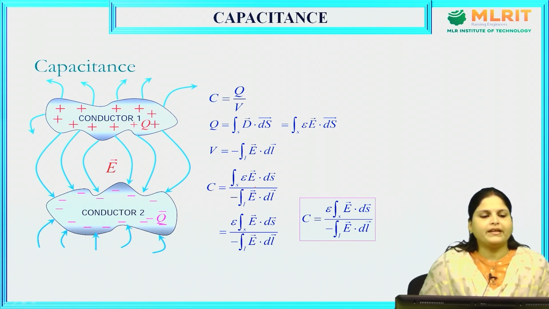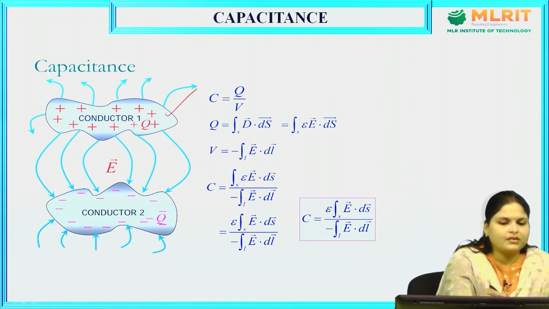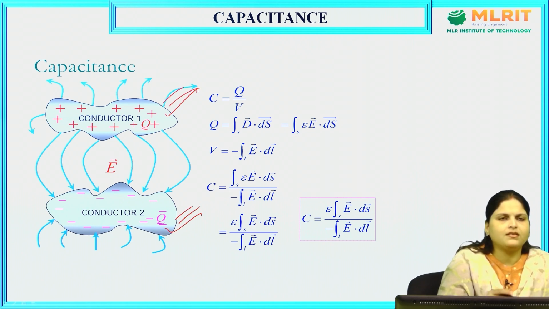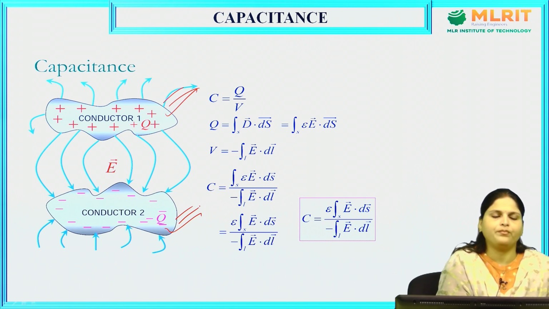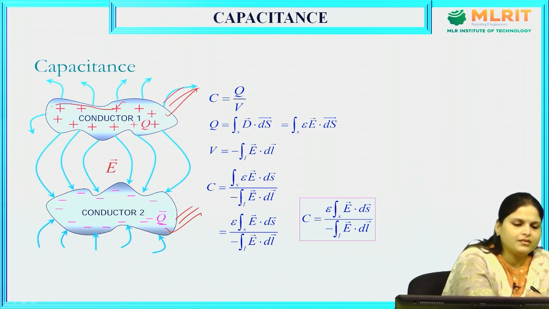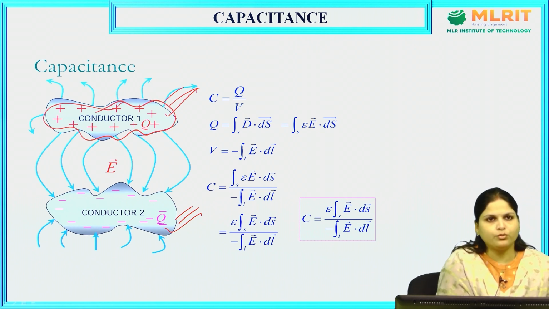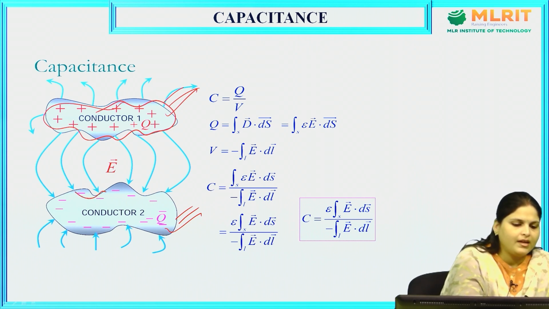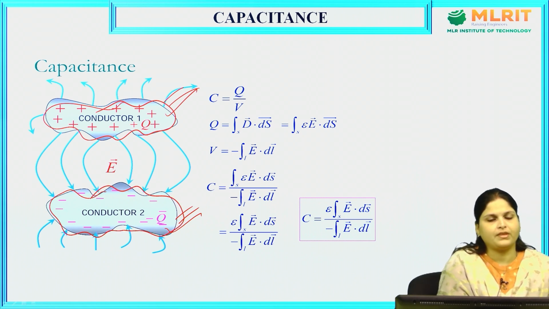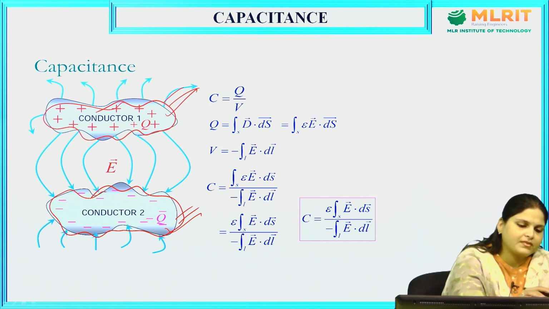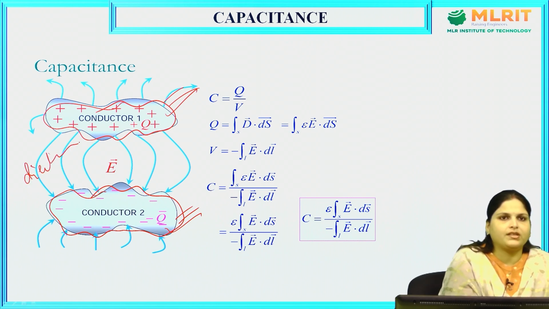So here you can clearly see in this diagram, this is conductor 1, this is conductor 2. In simple words, we can say this is the first material, this is the second material. Here it contains positive Q charges, and it contains negative Q charges. And if you notice, it is separated by a dielectric, right?